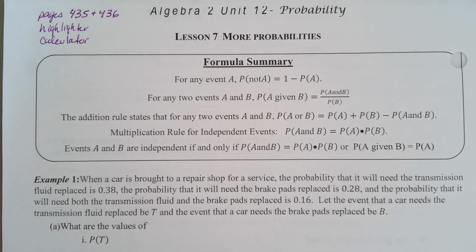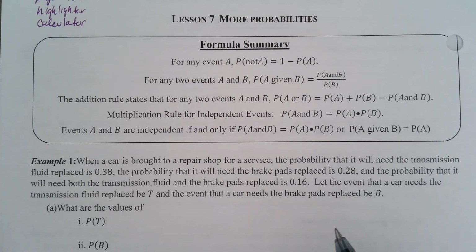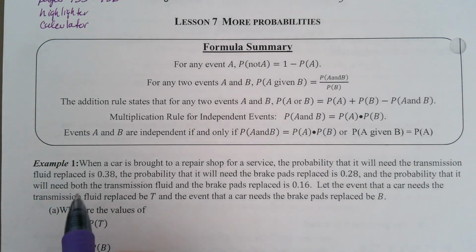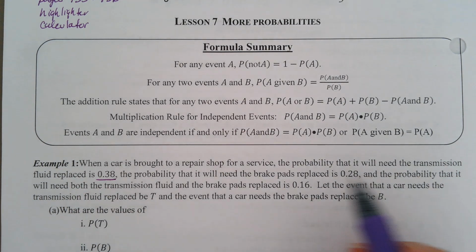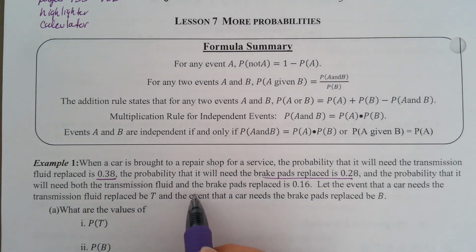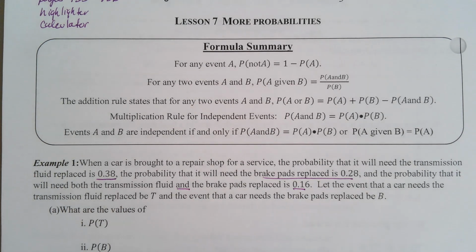Now, our first example: we have the scenario where a car is brought to a repair shop for a service, and we have three probabilities. The probability that it will need the transmission fluid replaced is 0.38. The probability it will need the brake pads replaced is 0.28. And the probability it will need both the transmission fluid and the brake pads replaced is 0.16.